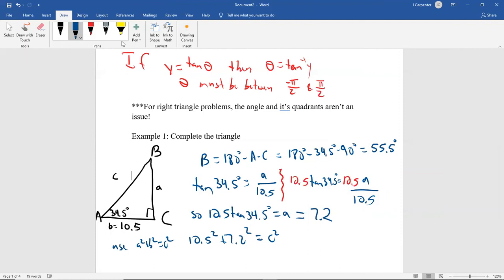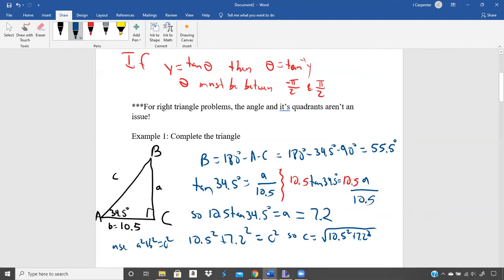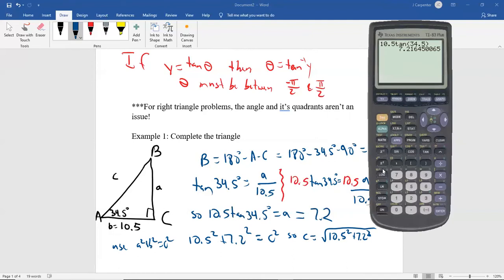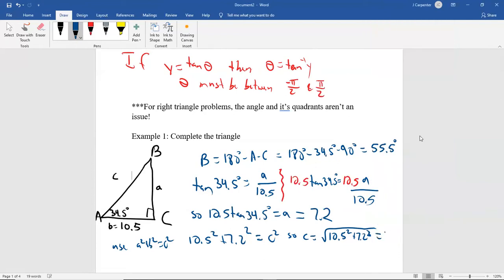Just take the square root of both sides, so that says that c is equal to the square root of 10.5 squared plus 7.2 squared, which if you plug that in a calculator, big square root, 10.5 squared plus 7.2 squared, parentheses, and we get 12.7 when we round to 1 decimal. So there are our 3 unknowns.